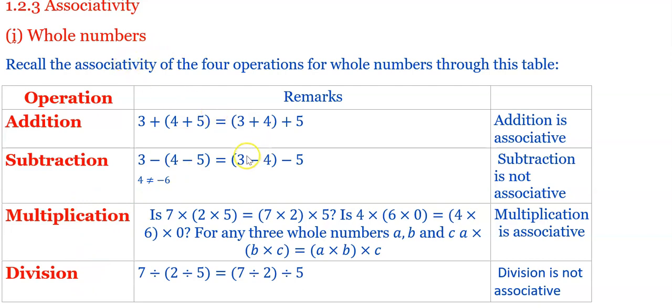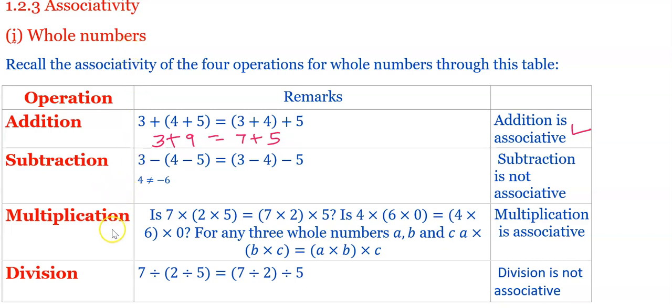See this here. 3 plus, in bracket, 4 plus 5, you will get 3 plus 9, that is 12, and here 7 plus 5 is 12, and 12 equals 12. Therefore here we say that addition is associative for the whole numbers.